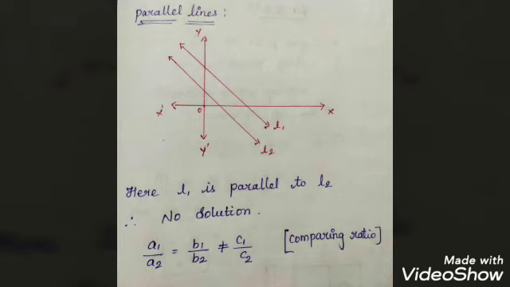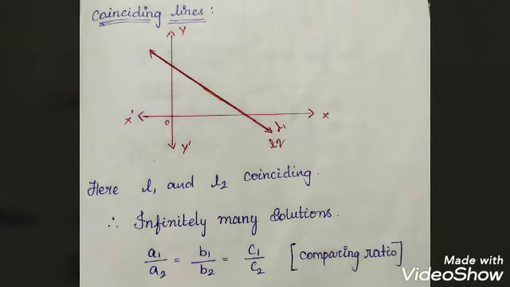Is this clear? Parallel lines means that the pair of linear equations will not have any solution. Intersecting means having a solution, parallel lines means having no solution.